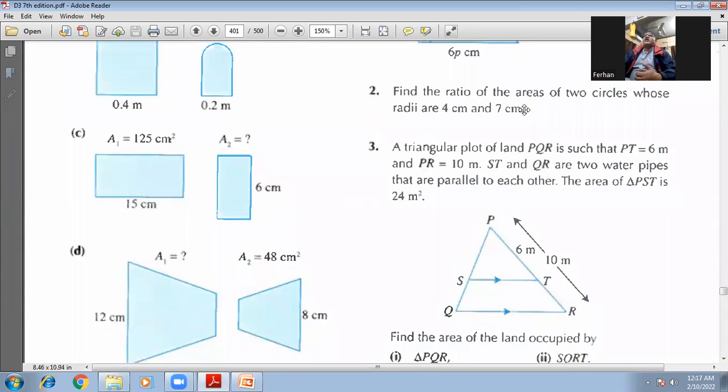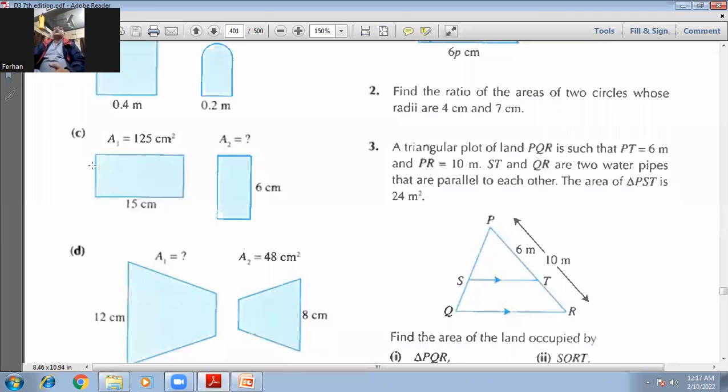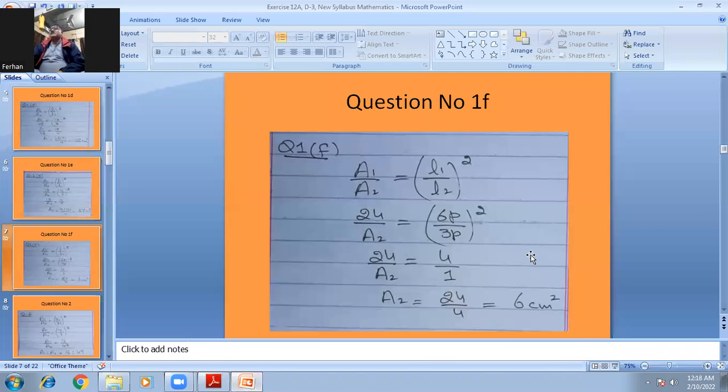Okay, so now we have question number 2. He says find the ratio of the areas of the two circles whose radii are 4 centimeter and 7 centimeter. So area 1 by area 2 will be equal to the radius 1 by radius 2 whole square. Whatever ratio you get, the same will be the ratio of their areas.